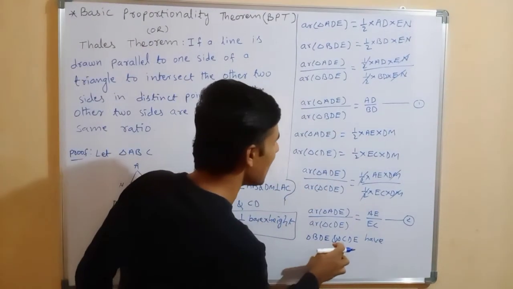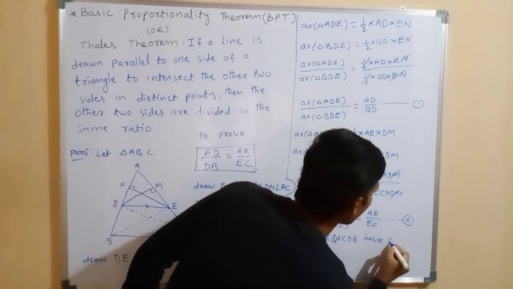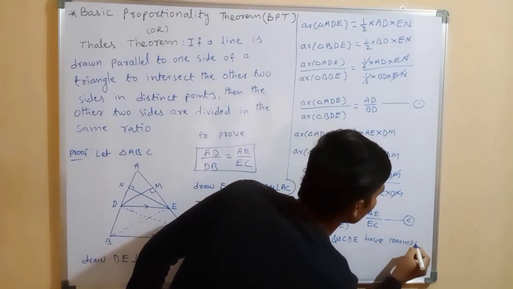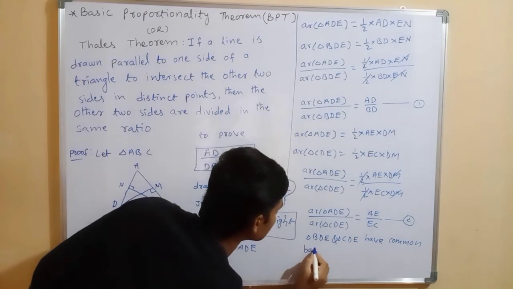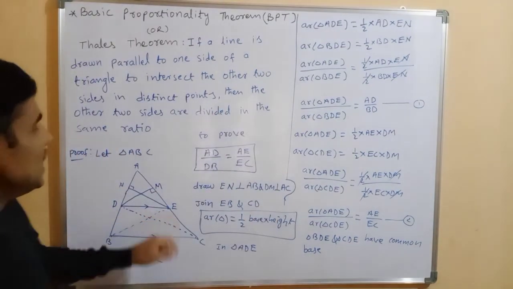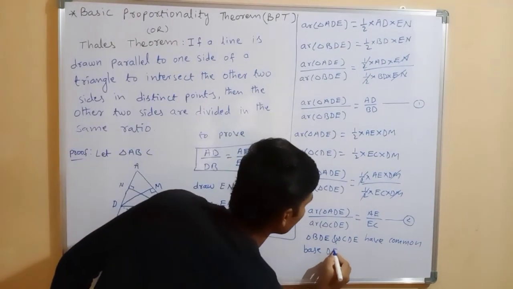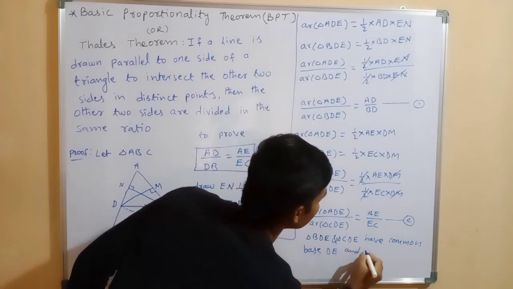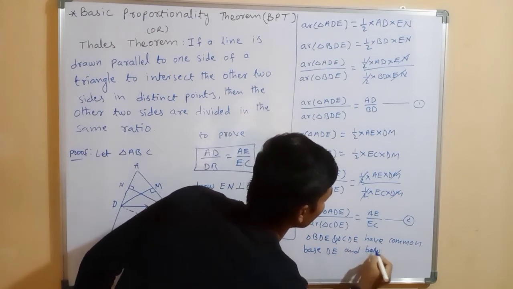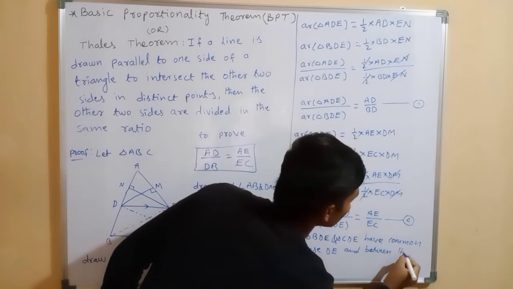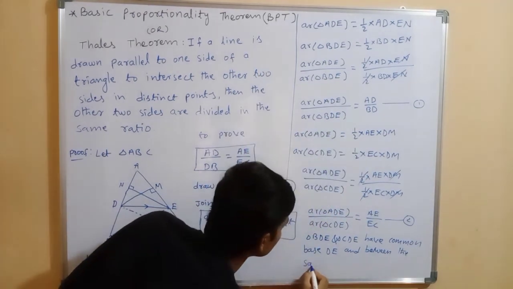Triangle BDE and triangle CDE have a common base DE and lie between the same parallels.